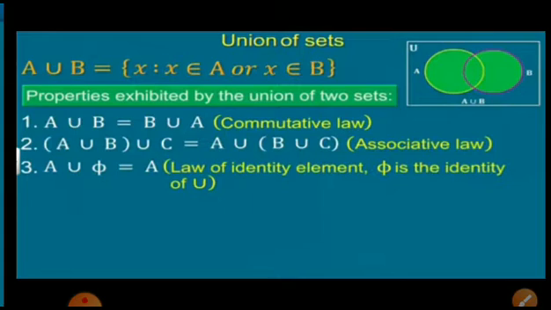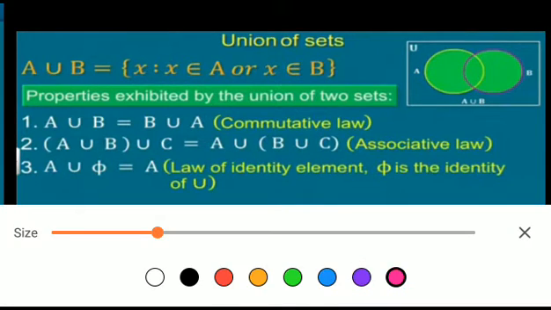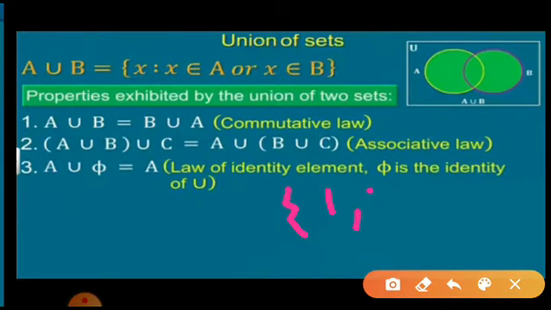Next is A union phi. Phi means what? Empty set. A union phi is always equal to A. Now the empty set does not contain any element. So suppose I have the set 1, 2 and 3, and I take its union with phi. Phi does not have any element, and union means a collection of both the sets.